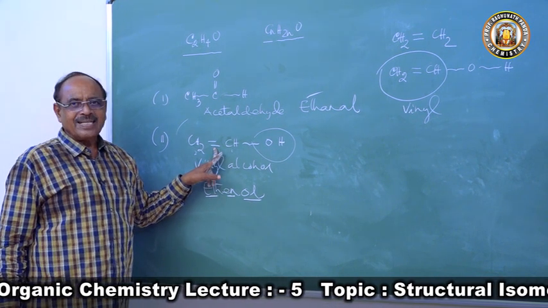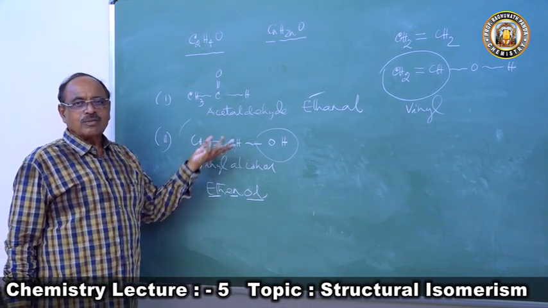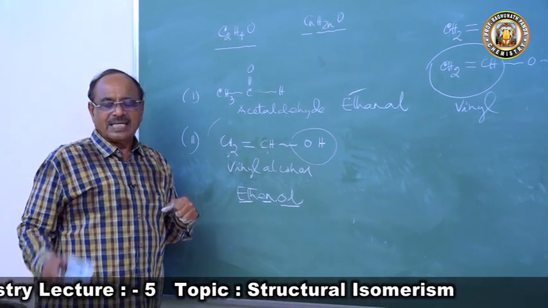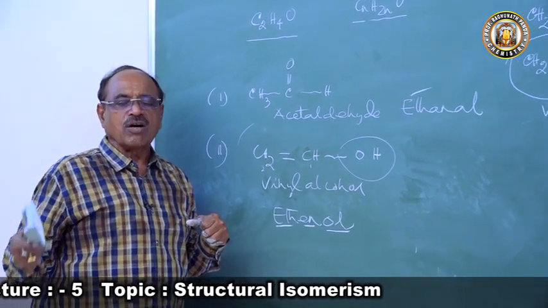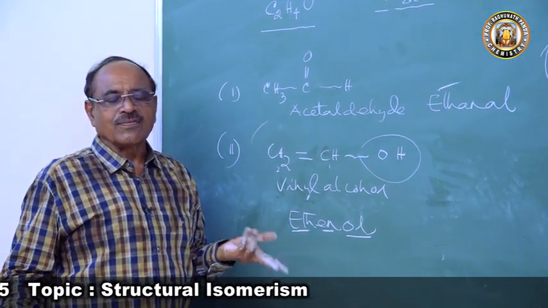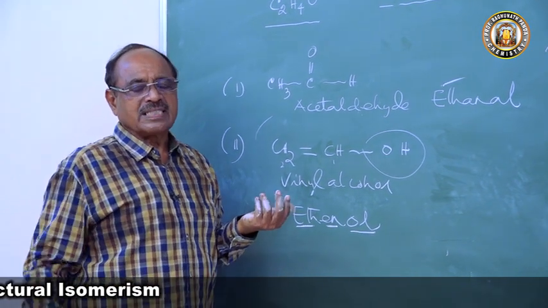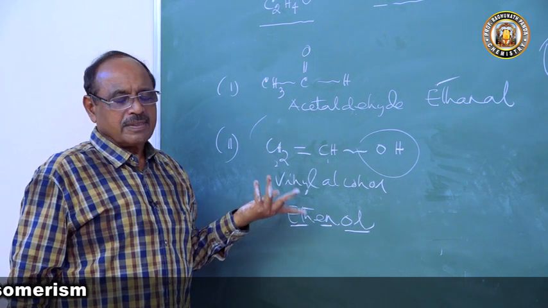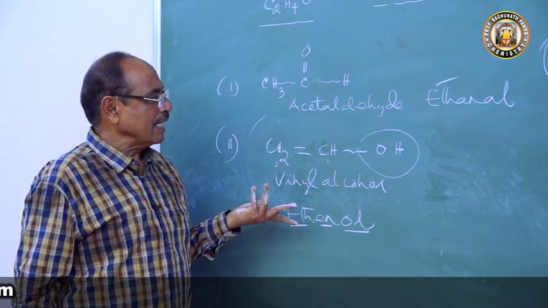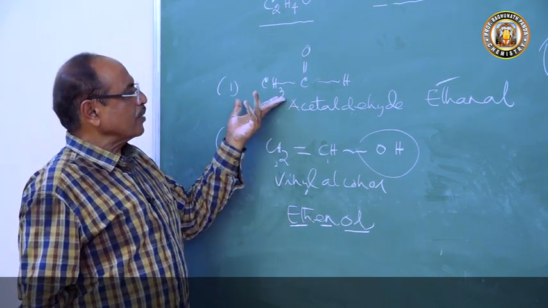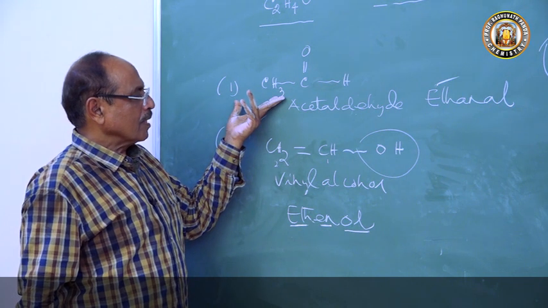So a question may come in the exam: acetaldehyde is a functional isomer of vinyl alcohol, and vinyl alcohol is a functional isomer of acetaldehyde. This is the way you can write this.